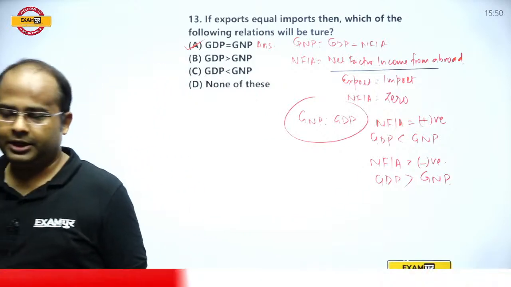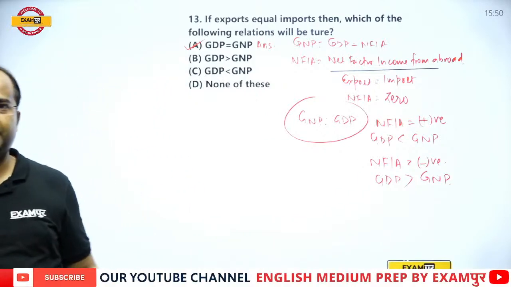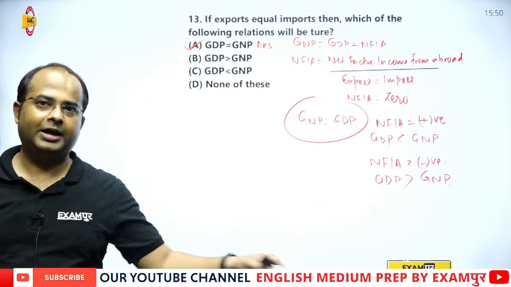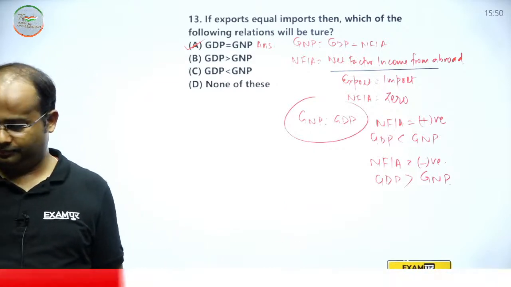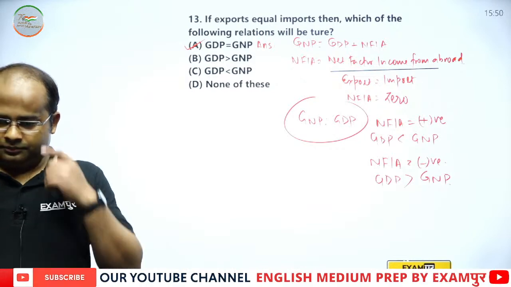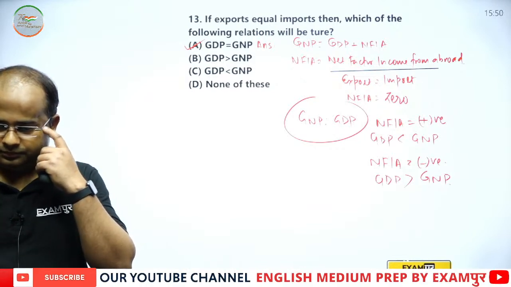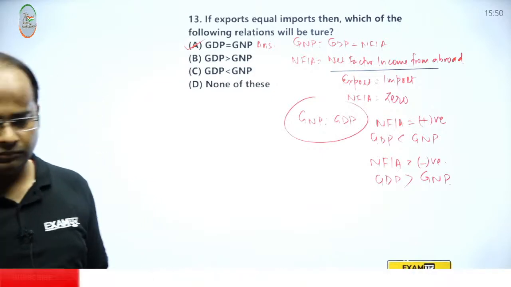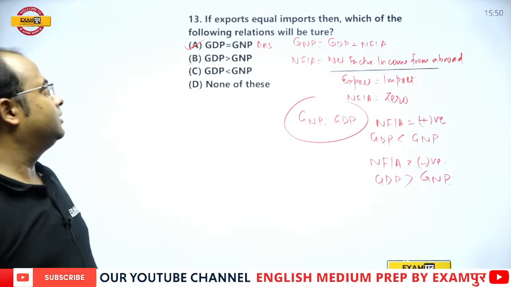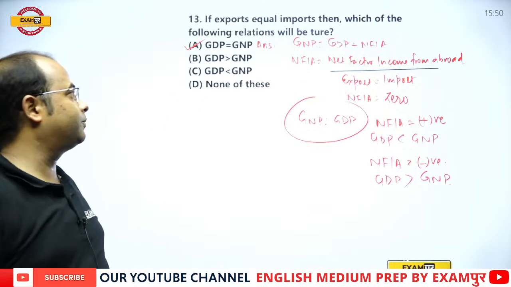So for India, guys, GDP is greater than GNP. The reason is that for India NFIA is negative. So the correct answer will be, guys, option A.